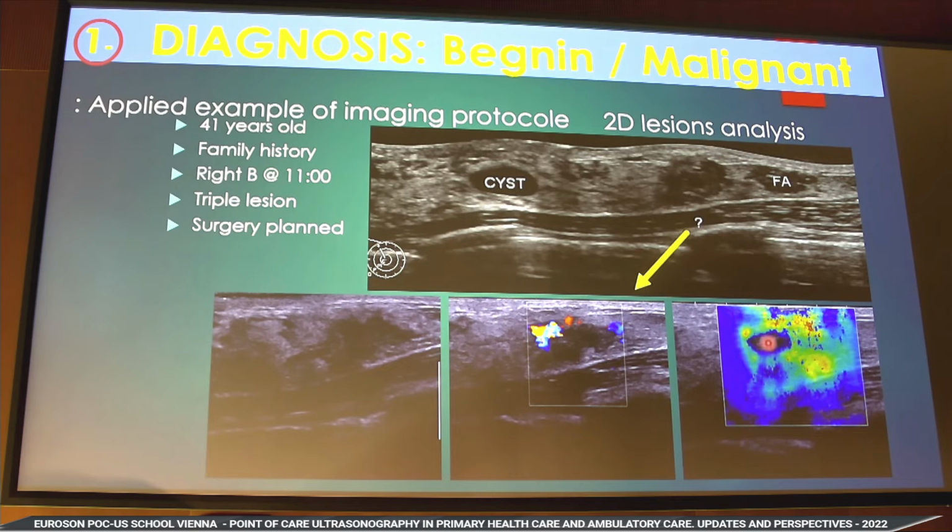Why do we have a blind area here? Because elastography is not working in liquid. And so you have the arteriovenous shunt, a liquid area, and you have exactly the transformation to the blind area. So you are sure that this corresponds to this vascularization.